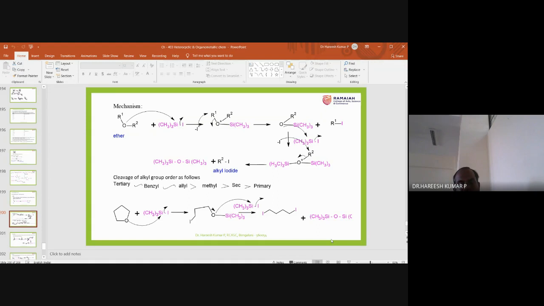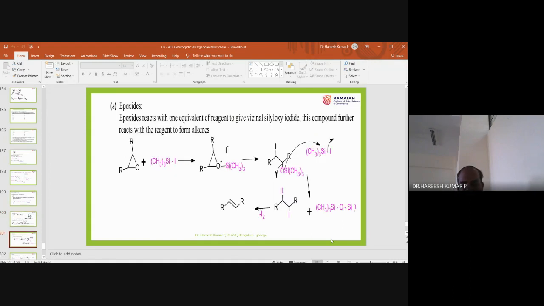The next slide will give you the information about epoxides. So what is an epoxide? This is an example of an epoxide. Oxygen is in the cyclic form. The lone pair can react with the silyl. It means that there will be a new bond formation between the oxygen and silyl. Once there is a new bond formation, oxygen attains a positive charge.